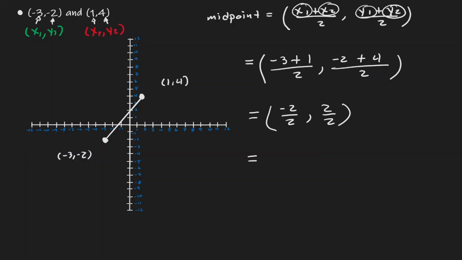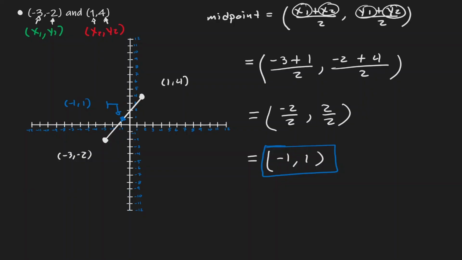If we simplify a little bit further, now we get (-1, 1). Now let's take a look at the location of this point, (-1, 1). Notice that this point is in the middle between the 2 points that we are given. Therefore, we can define this point as the midpoint between (-3, -2) and (1, 4).